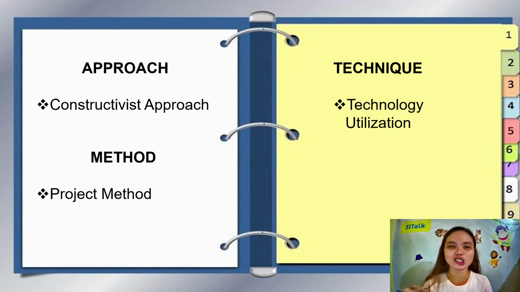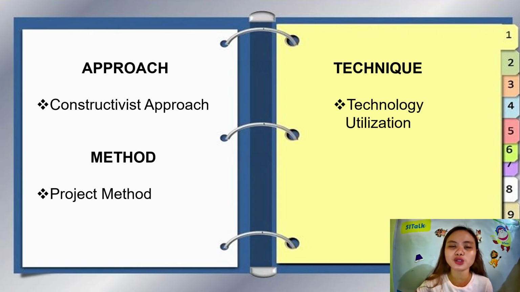Now let us summarize the examples that I have mentioned a while ago. So say for example, there is a lesson about the elements of visual arts. And if you are an advocate or a teacher who believes that students must learn and construct their knowledge from their experiences, you will be using a constructivist approach. And since you use a constructivist approach, of course, you will be using a method which you think will be appropriate to use in your chosen approach.